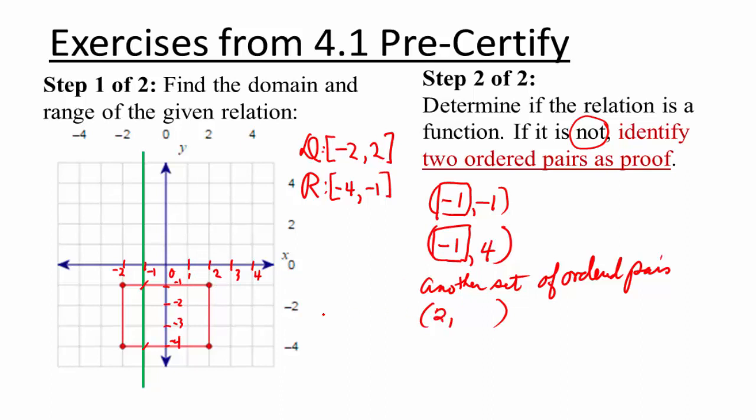Negative 2 works for the y value, as well as negative 3. So (2, -2) and (2, -3). Again, we've shown that you have the same x values, which makes it not a function, only a relation.